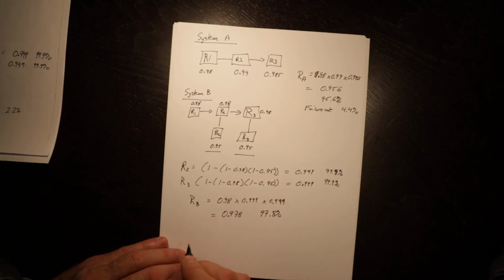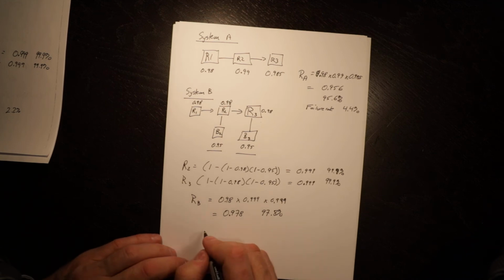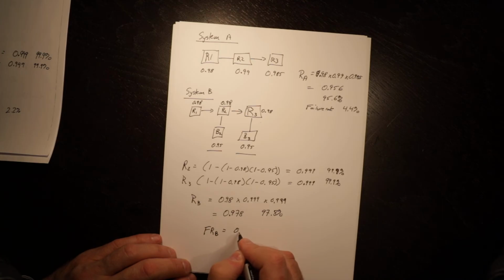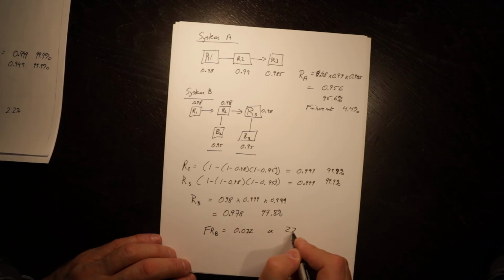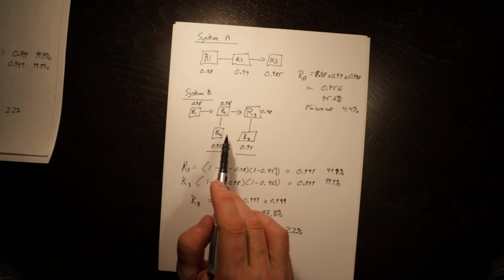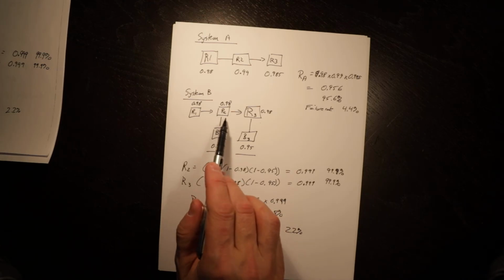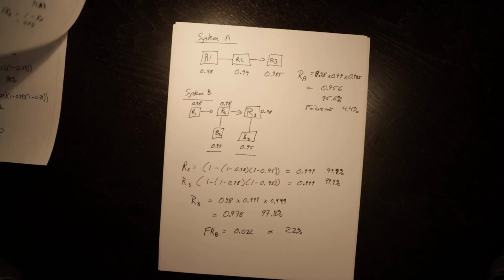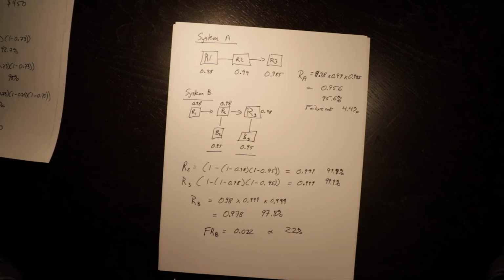So a relatively higher reliability, and the failure rate of B is equal to 0.022 or 2.2%. So even though the individual components here are lower reliabilities, because we've built in that redundancy or that backup, it performs better.